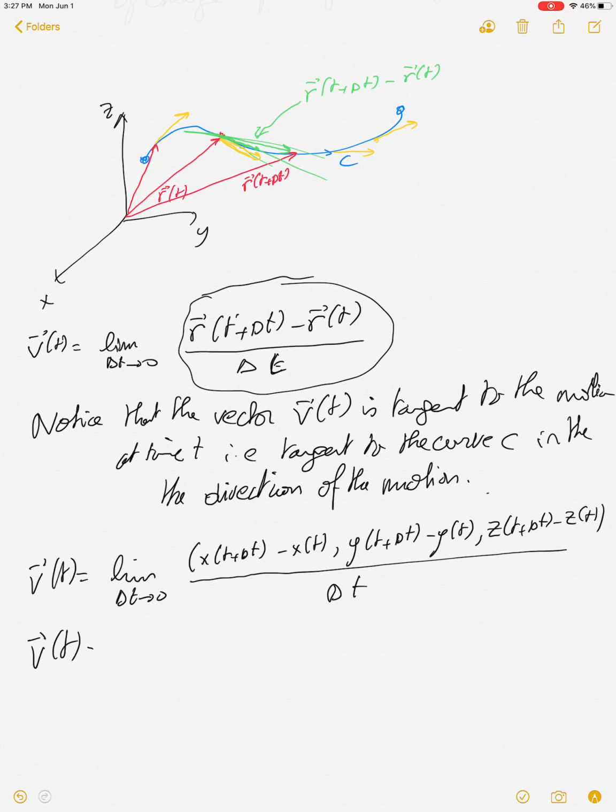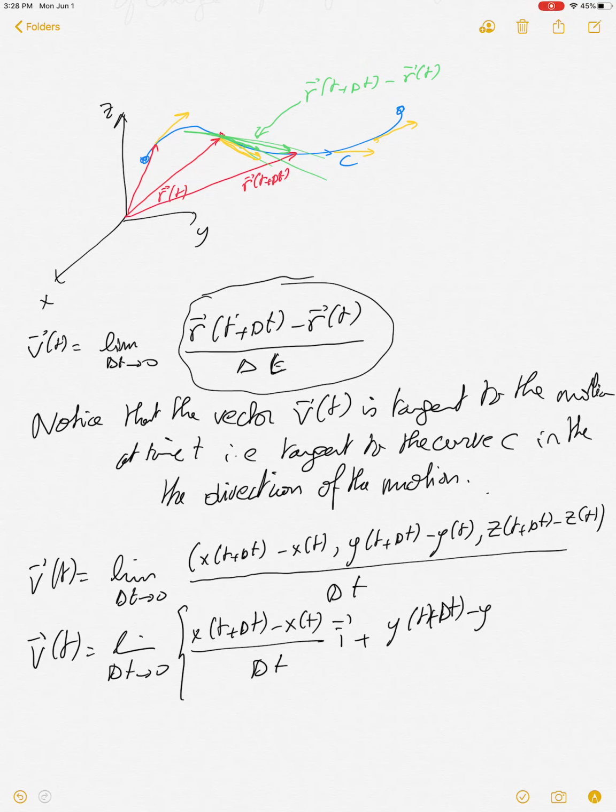So v of t is equal to the limit as delta t goes to 0 of x of t plus delta t minus x of t over delta t i, plus y of t plus delta t minus y of t over delta t j, plus z of t plus delta t minus z of t over delta t k.